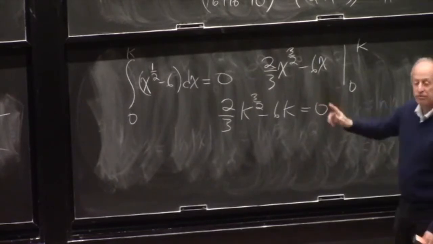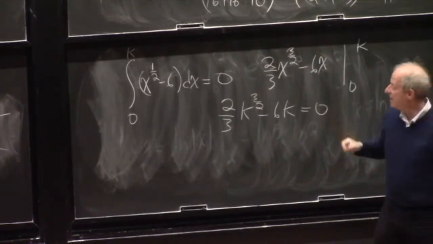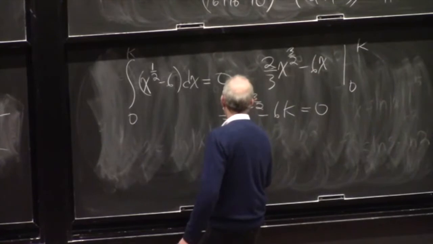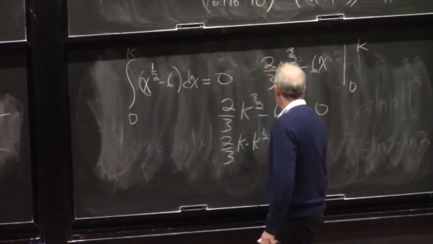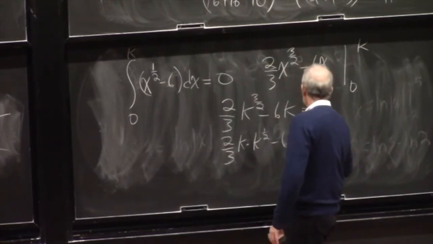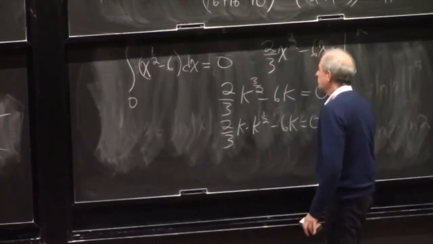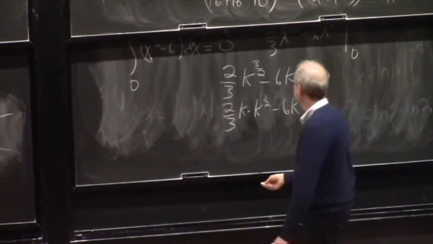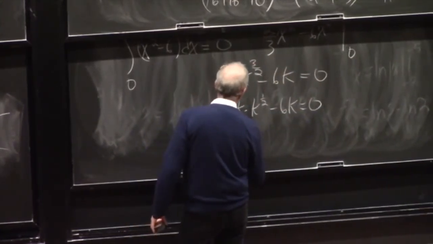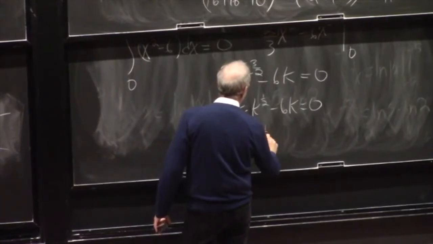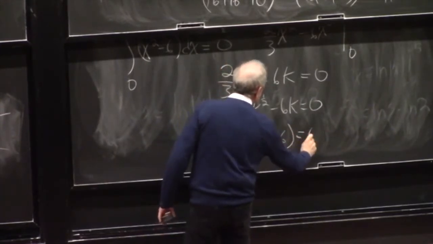So remember what k to the 3/2 is. That's k times k to the 1/2. So you can factor out k. And you're left with 2/3 of k to the 1/2 minus 6 equals 0.